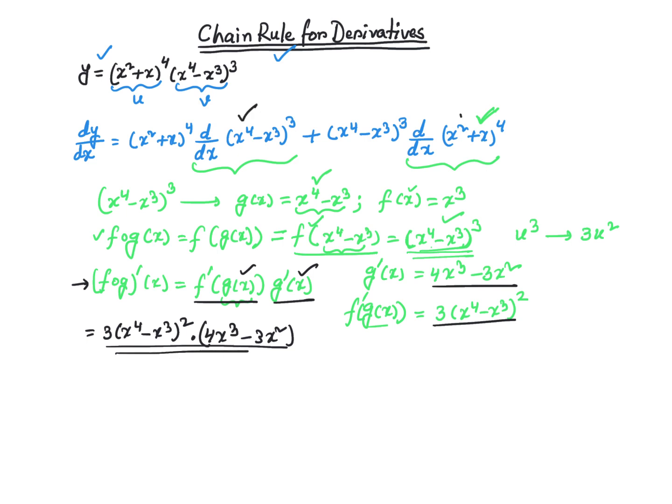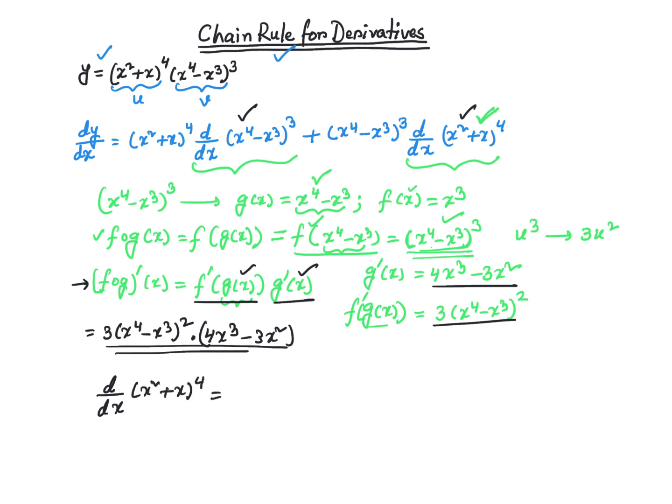Now we need to find the derivative of this. This time I'm not going to repeat the process. I'm just going to take the derivative using the chain rule. So d over dx of (x squared plus x) raised to the power 4.